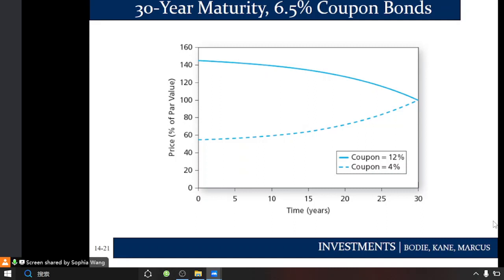Of course, when you hold bonds, you can buy them at different prices, sometimes lower than the face value, sometimes higher. This is determined by attraction. So everyone has different choices. After that, no matter what happens, finally it will reach the same value. This value is the face value.